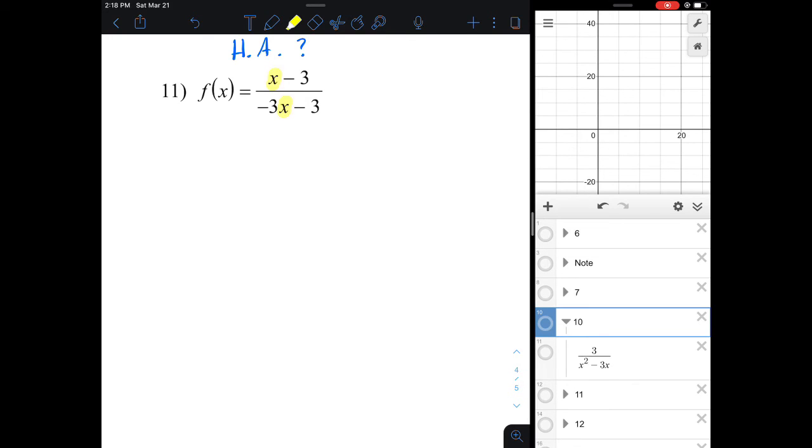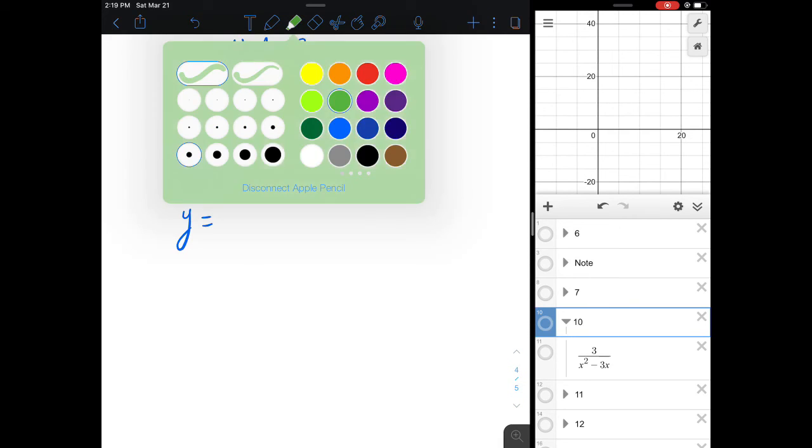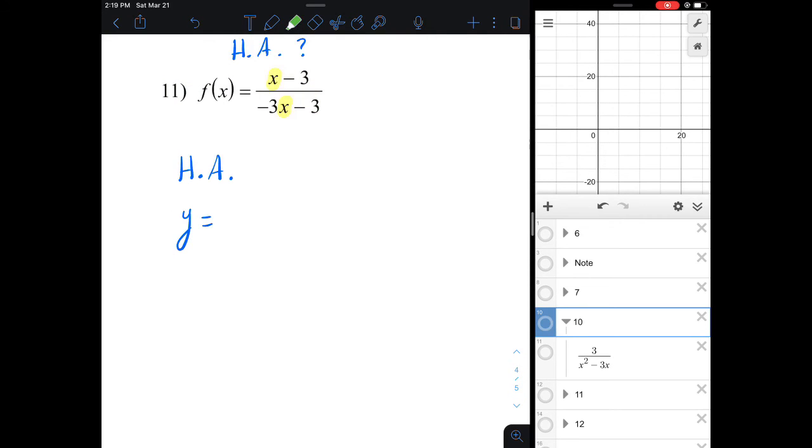And so, our rule here is to find the horizontal asymptote, because this one will have one, because it's the same degrees. You're going to use the ratio of the coefficients. Well, the coefficients of x to the 1 power, I have a 1 in the numerator, and I have a negative 3 in the denominator. So it would be 1 over negative 3, or it's just going to be y equals negative 1/3 is going to be the horizontal asymptote.